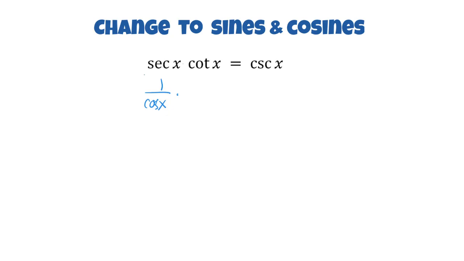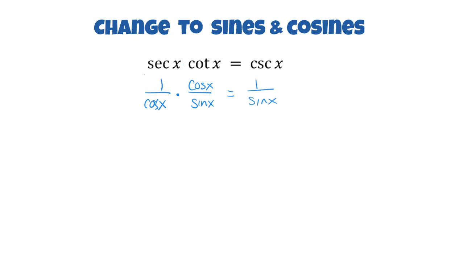And this is just being multiplied. Cotangent, now I could write it 1 over tangent, but remember, I'm going sines and cosines. So cotangent is cosine x over sine x, equals, and cosecant x is 1 over sine x.